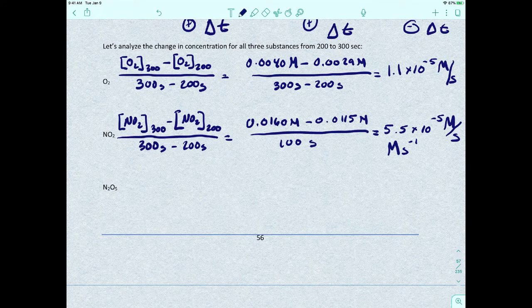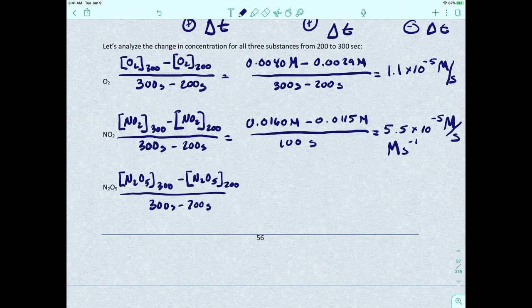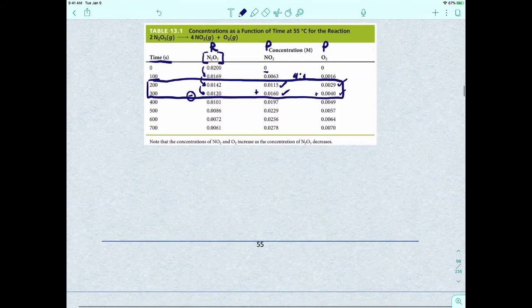So we got N2O5. We have to go back to the concentration. We're going to look up the concentration for N2O5 at 300 seconds and at 200 seconds, and then we're going to divide that by 300 seconds minus 200 seconds. Okay, so going back to that table, concentration at 200 was 0.0142 molar. Concentration at 300 seconds, 0.0120 molar.